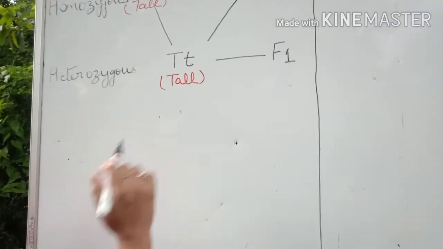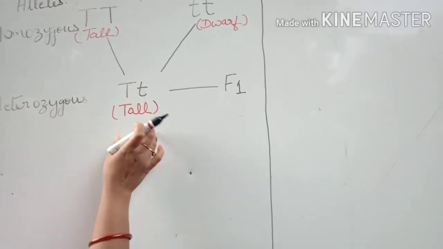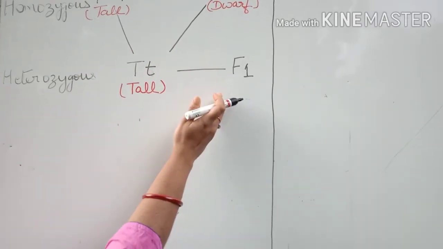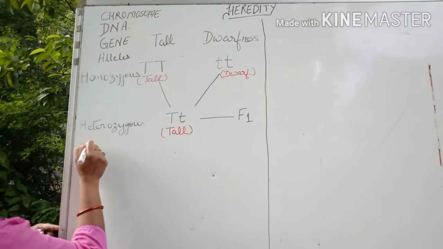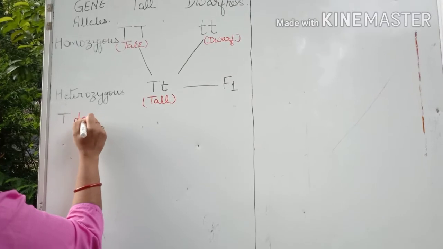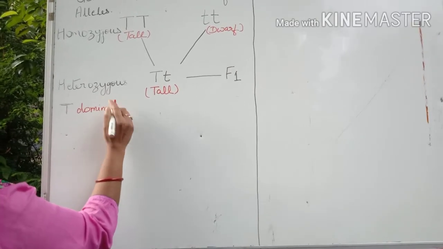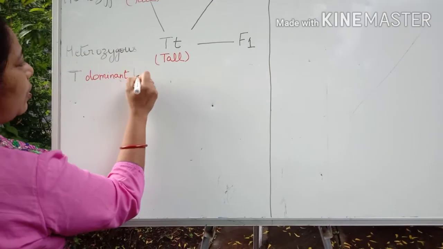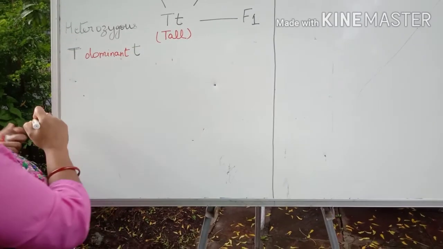Now what he thought, that means dwarfness is not expressed over here. So what happened? Tallness is dominant on dwarfness. So capital T was dominant on small t. That is, tallness is dominant on dwarfness.